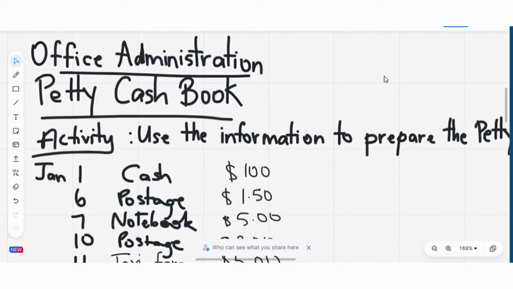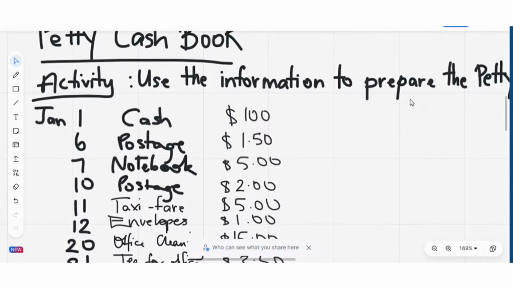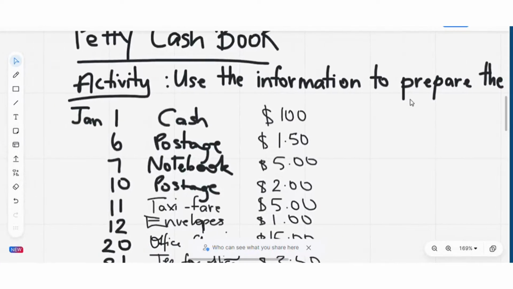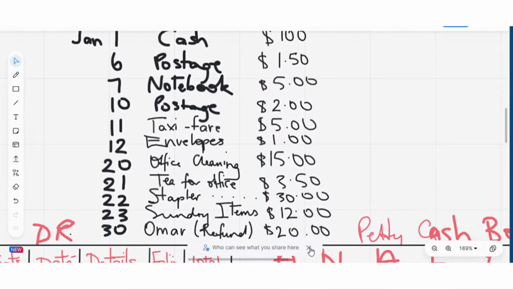Last class we looked at the petty cash book, and you know what the petty cash book is for and all of that. So this was the activity that we got, using the information to prepare the petty cash book, and these are the transactions.